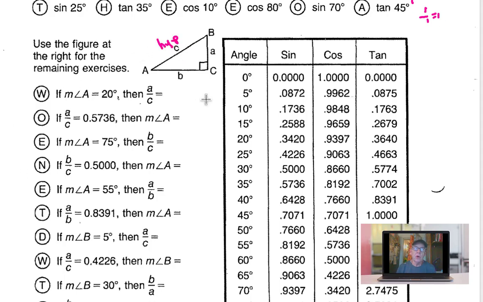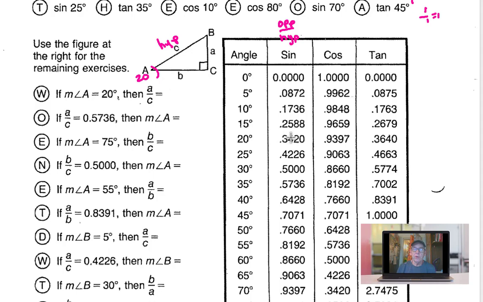The hypotenuse is always the hypotenuse, regardless of what your reference angle is. So if they're telling us A is 20 degrees, I'm going to just go ahead and mark this, then I'll erase it. Then A over C. Now A is opposite, C is hypotenuse. Opposite over hypotenuse is sine. So we're really looking for the sine of 20 degrees.